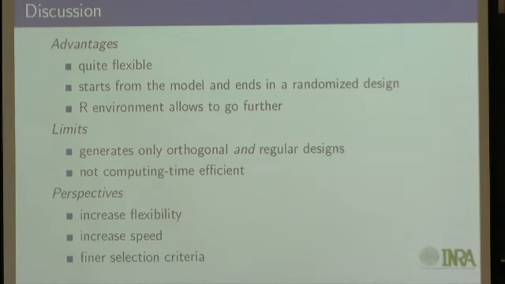So perspectives: increased flexibility, increased speed, and input in the software of final selection criteria, because nowadays, at least in the symmetric cases, it's really important to use refined criteria, more refined than just resolution, for instance.